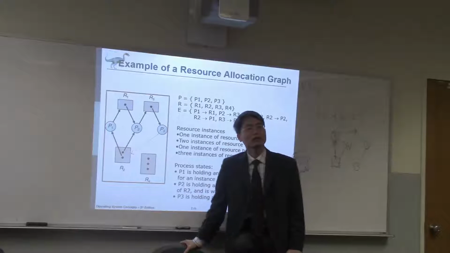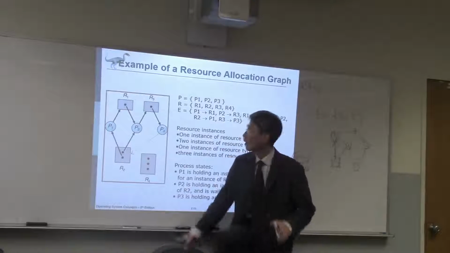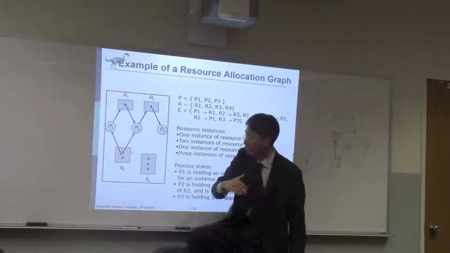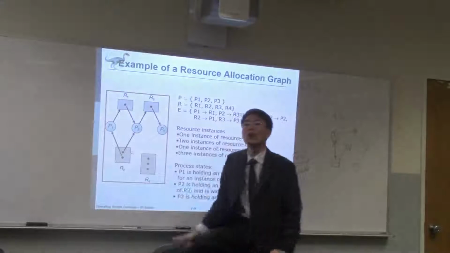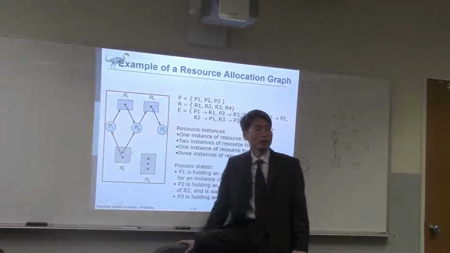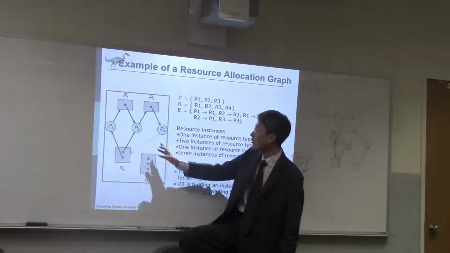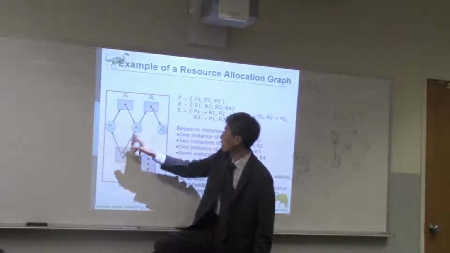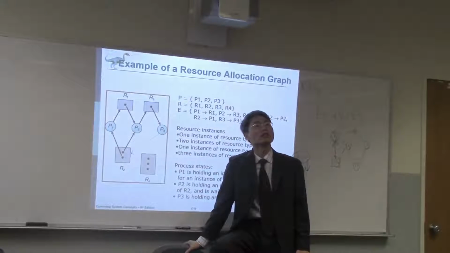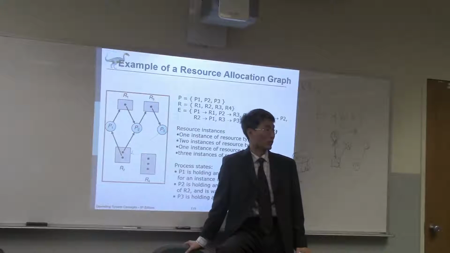And the second characteristic is what? Hold and wait. All processes are holding a resource or resources and waiting for another. And no preemption. They don't want to stop. And the last one, circular wait. Overall, it's a circular pattern. So this is called a deadlock situation.